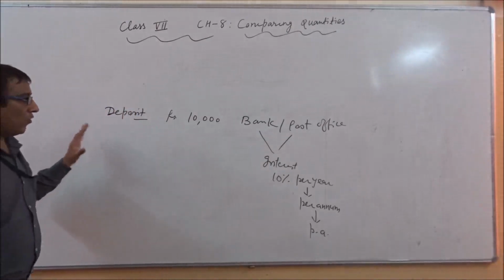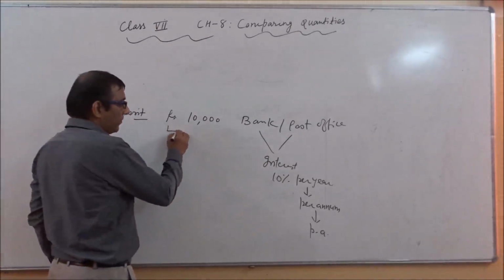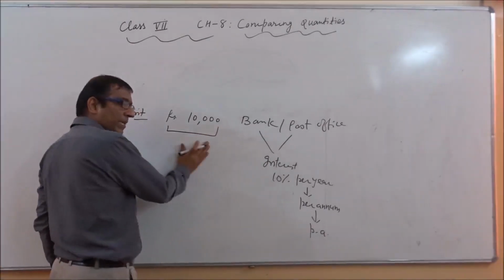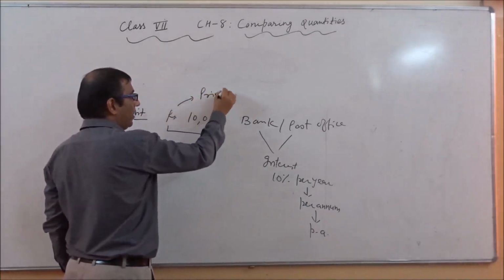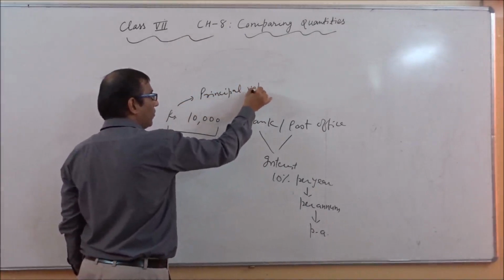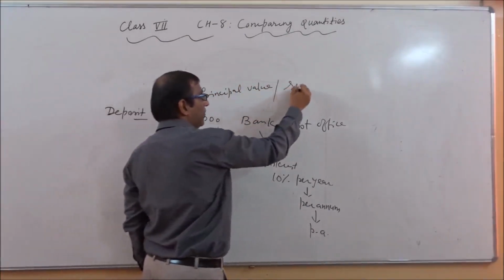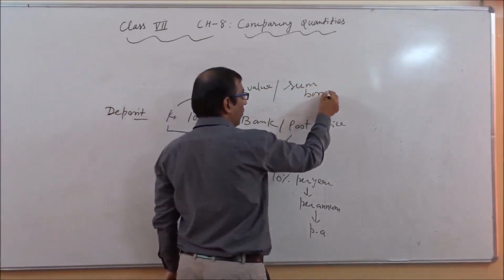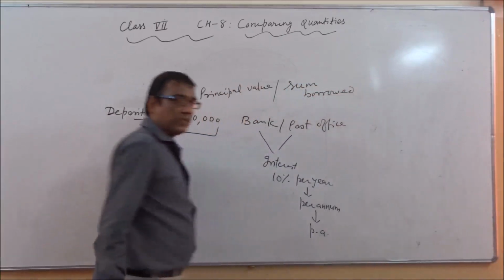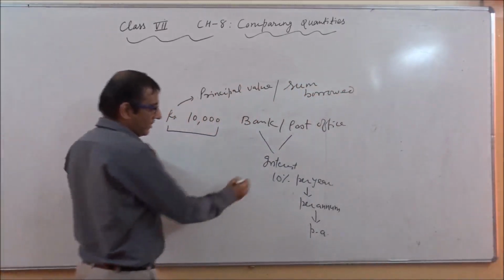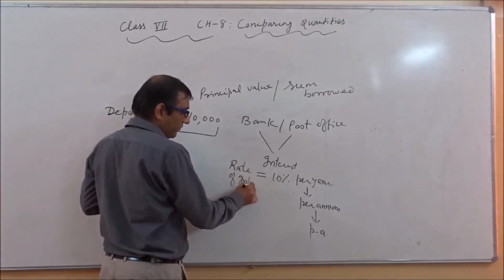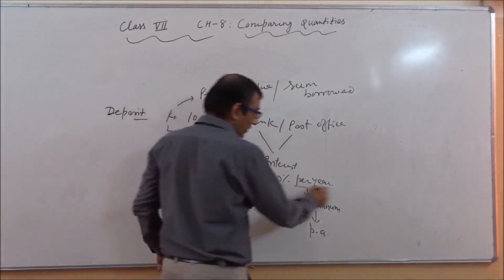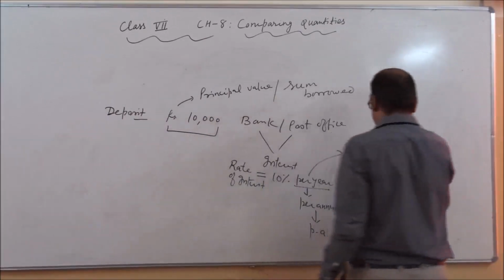So this 10,000 rupees we deposit in a bank is the principal value, or you can say the borrowed sum. This interest is related with the rate of interest, and this per year is related with time.